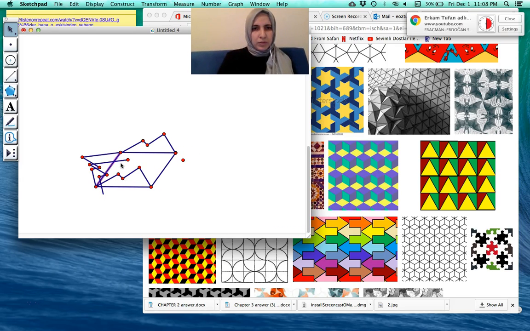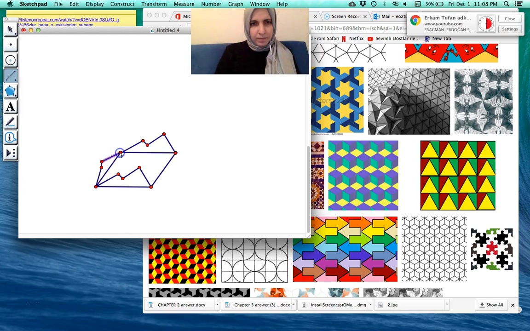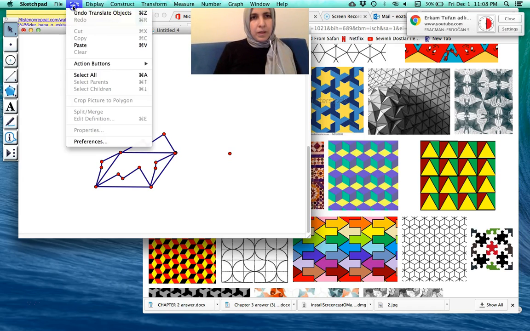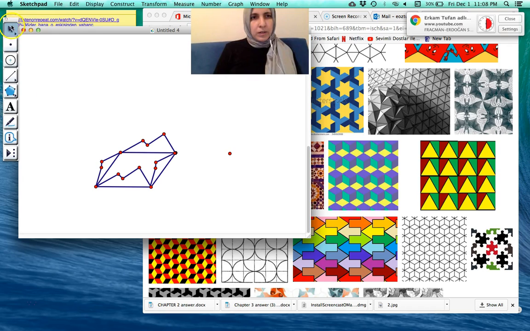Not this one. I think it's better to put it like a small one. And then with it there. Yes. And hide the side of the parallelogram.